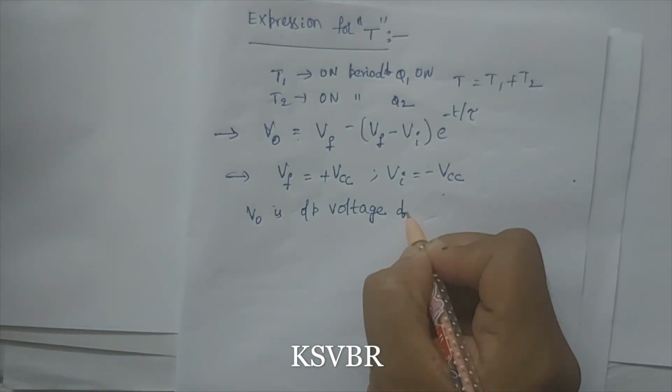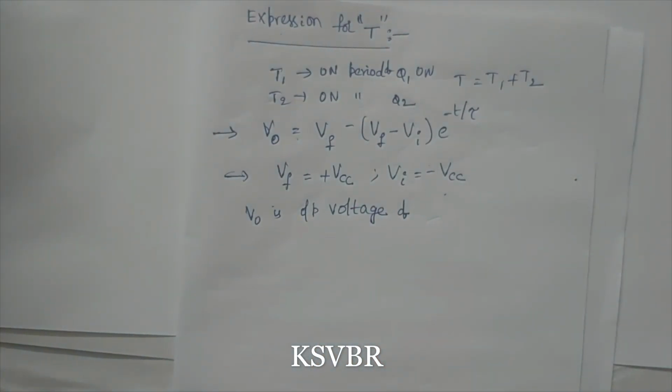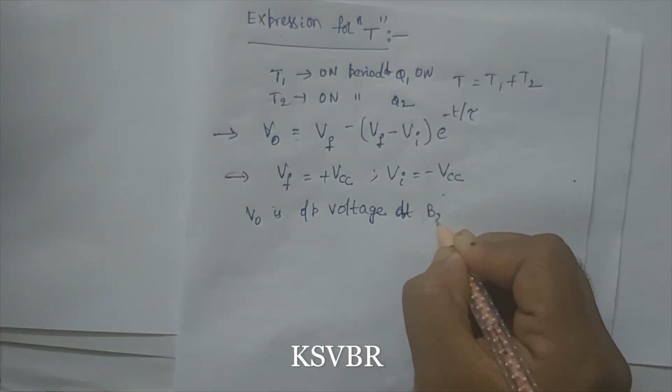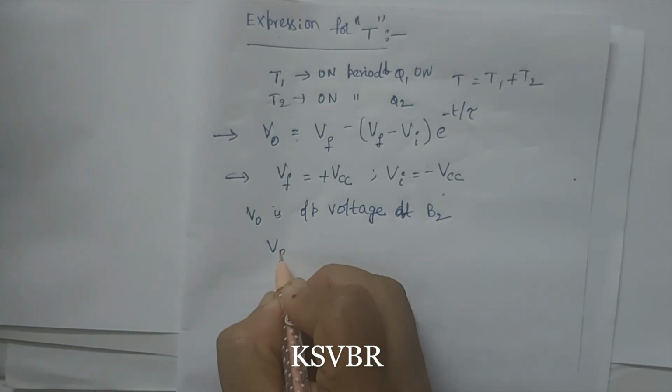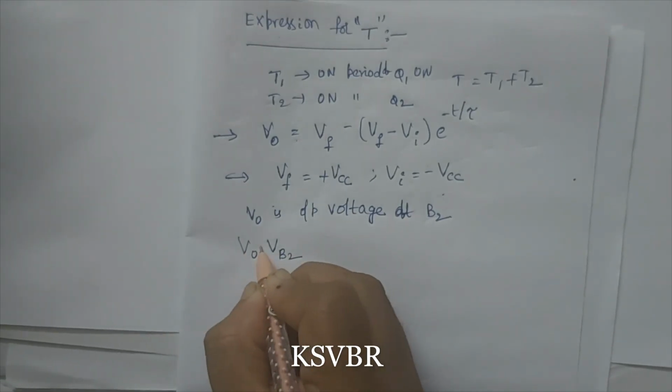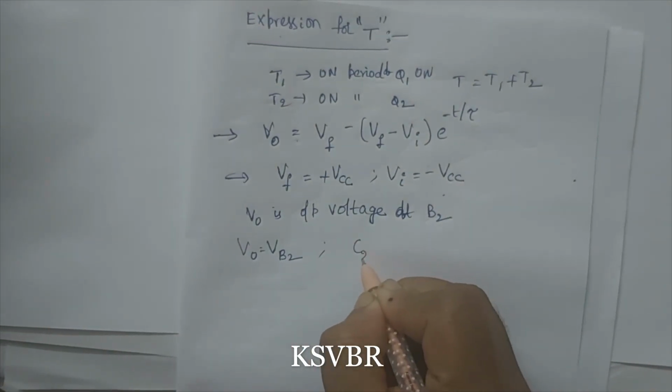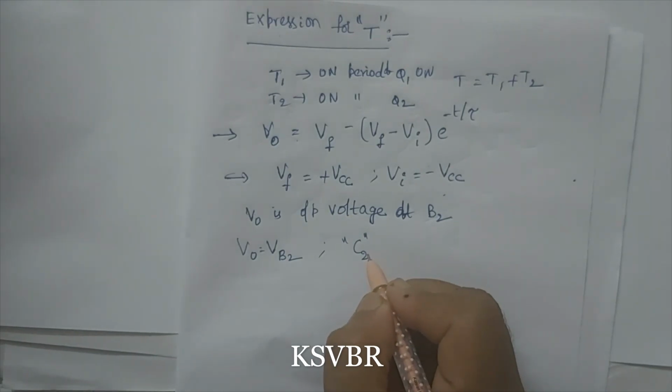Okay, V0 is the output voltage at B2, nothing but V0 is equal to VB2. At the same time, capacitor C2 comes into the picture here.